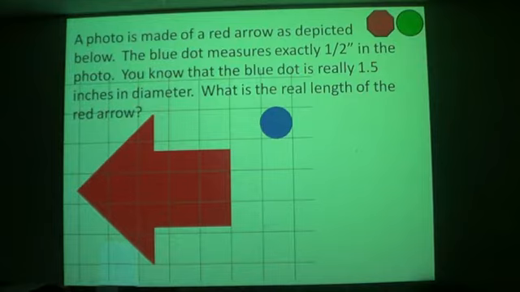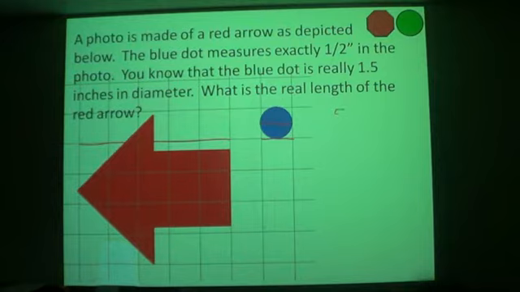Alright, you know that the diameter of the blue dot here is 1/2 of an inch, which means that this is 1/2 of an inch. So this is 1/2 of an inch, 2/2 of an inch, 3/2, 4/2, 5/2.